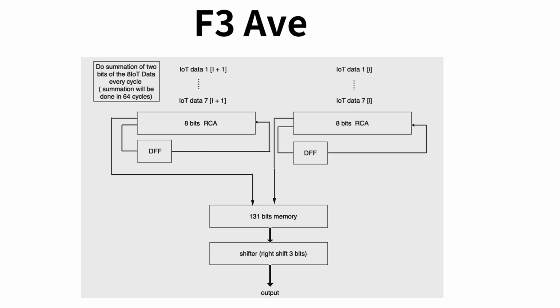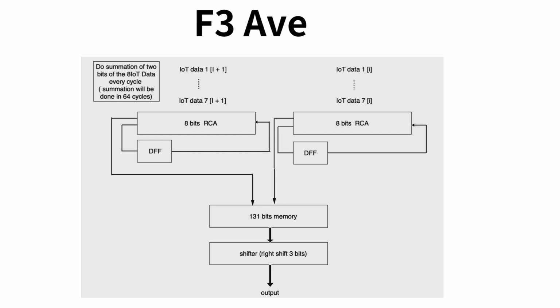For the third function, average, in this function we try to minimize the circuit area. We separate the summation of the 8 sets of IoT data into 64 cycles, which means each cycle will perform a 2-bit summation of the 8 sets of IoT data. In the first cycle, we perform the summation of the LSB and the second least significant bit of the 8 IoT data.